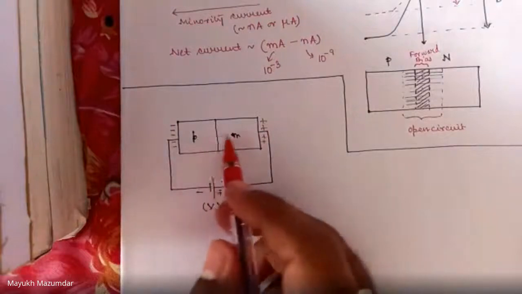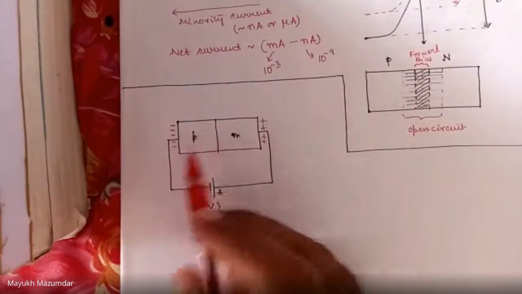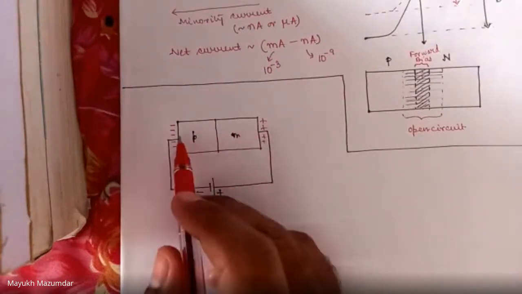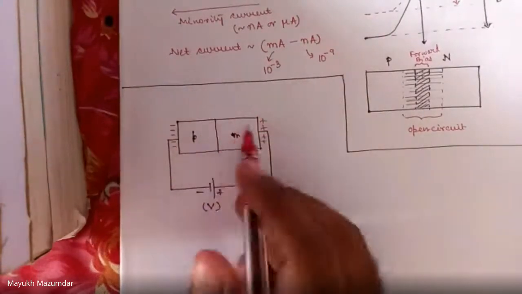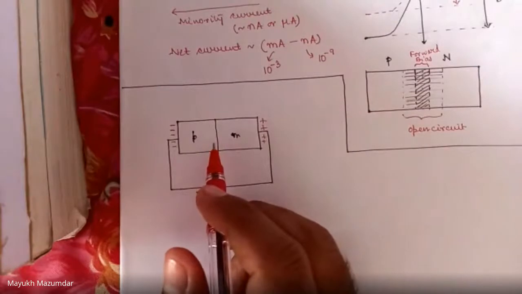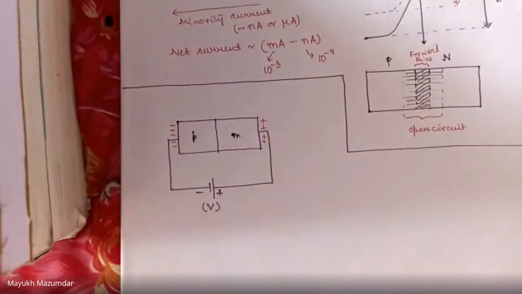The holes should be repelled. Similarly, the electrons from inside cannot come to the P side. Why? There is a negative terminal. So electrons should be repelled. Got it? Yes, sir.